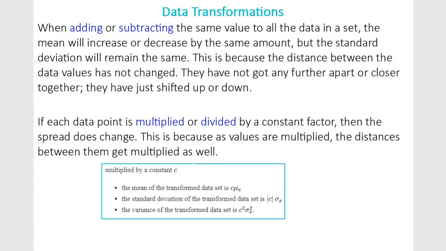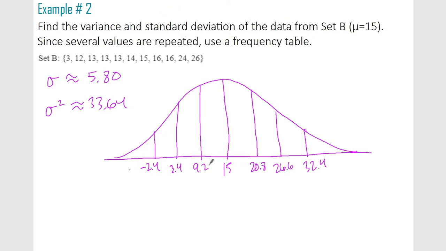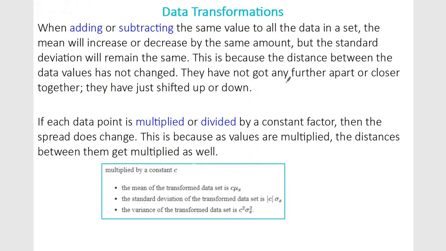Let's do data transformations. So if we add or subtract a value to all of the data in our set, the mean will increase or decrease by the same amount, but the deviation will remain the same. Literally, because the standard deviation is how far apart the values are, how it deviates from the mean. And if everything is getting shifted, then it's not shifting from the mean. We're not shifting one value, we're shifting all values. So the mean is changing, but the standard deviation is not.